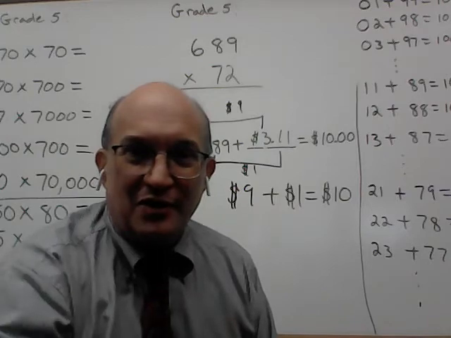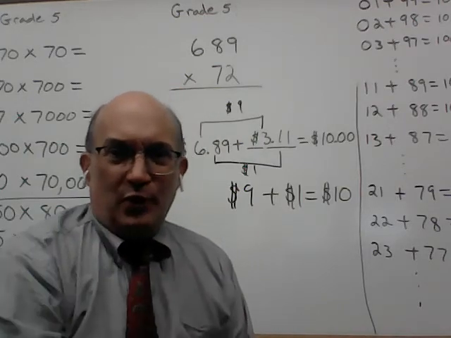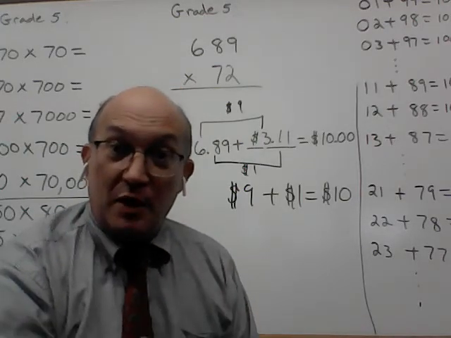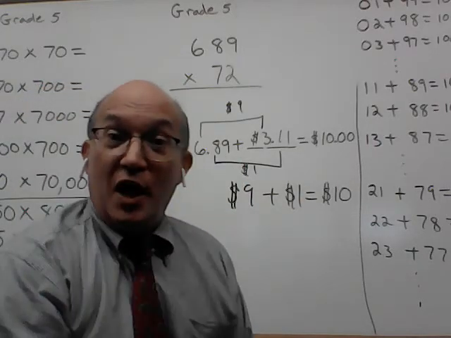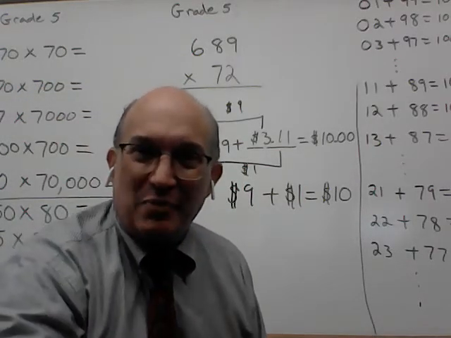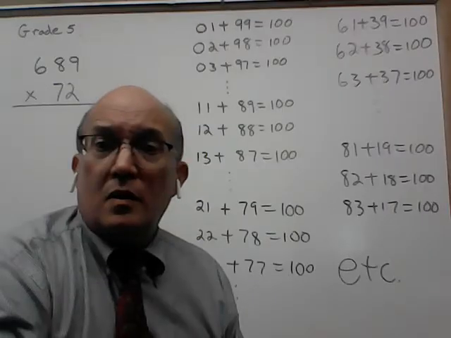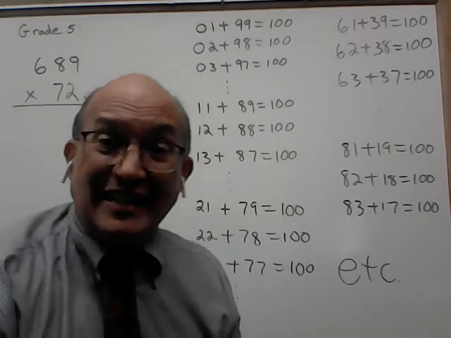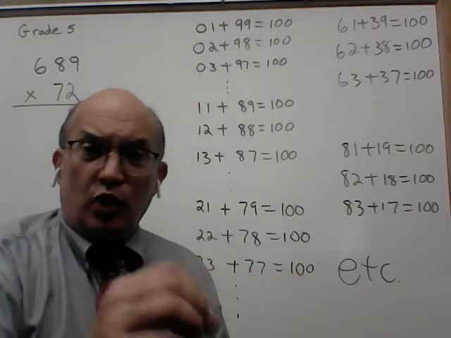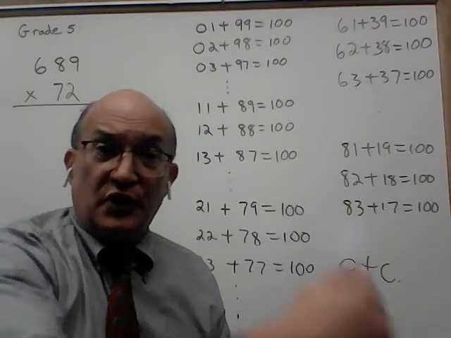That's how it works. We're going to break it down, though. We're going to talk a little bit about why the 89 and the 11 add up to 100. So let's break it down. One of the most important things to realize about mathematics is that it is incremental. It works in increments or little steps.